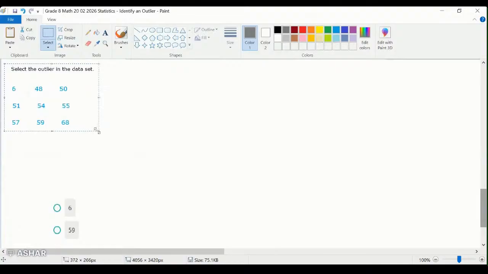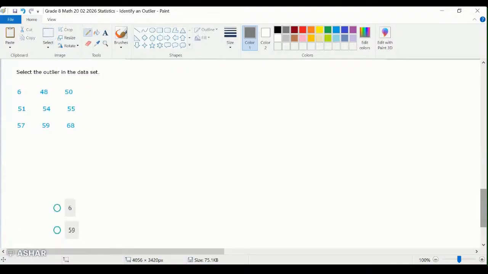Let this be our question number 5. We have to look at the difference between the first 2 numbers and the last 2 numbers arranged in ascending order, right?